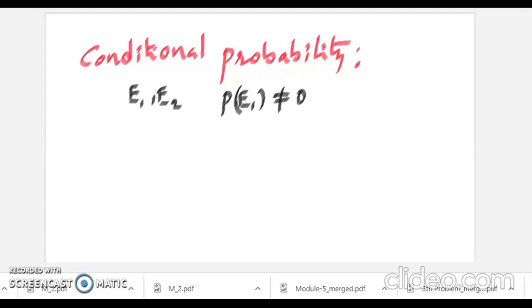I repeat once again. The probability of occurrence of E2 after the occurrence of E1 is called conditional probability of the event E2, when it is known that E1 has already occurred.